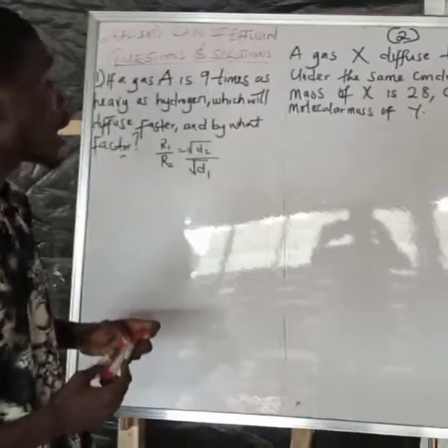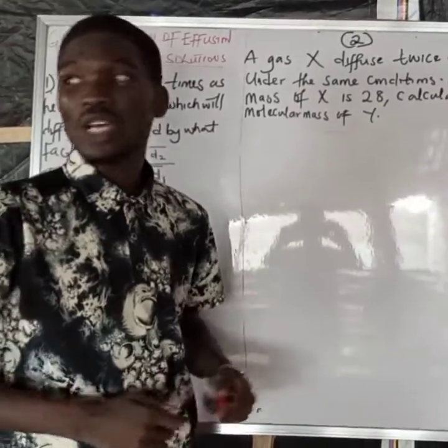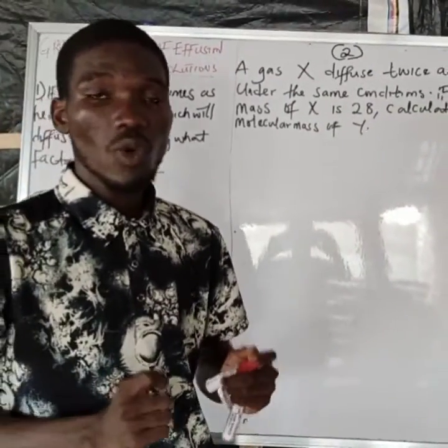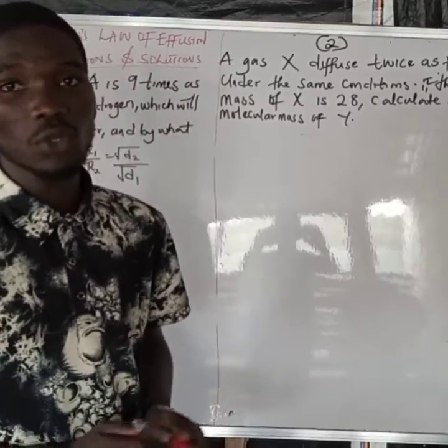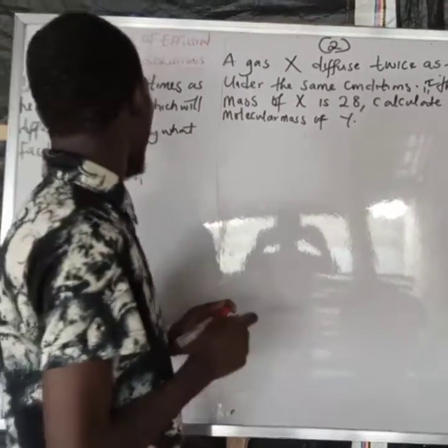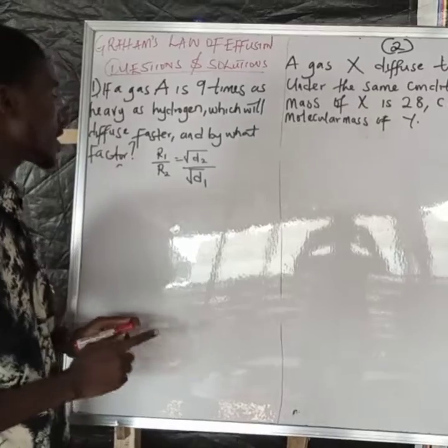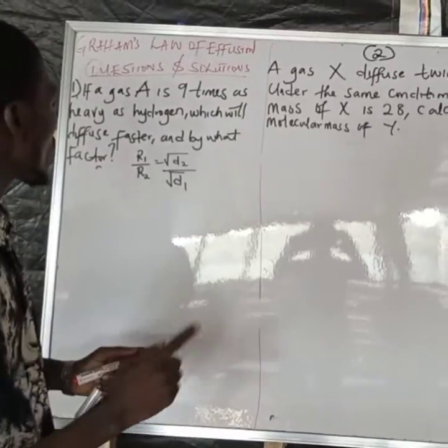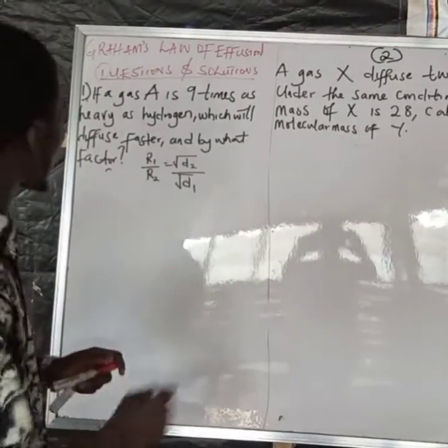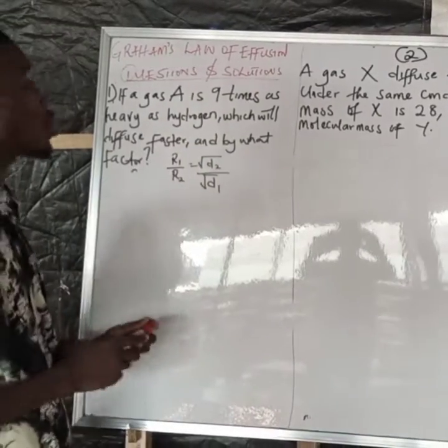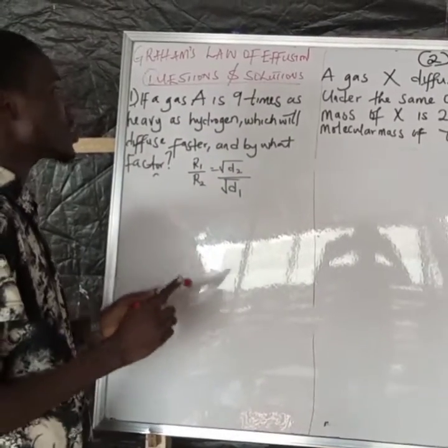What is the meaning of R1? R1 means rate of diffusion of first gas, while R2 means rate of diffusion of second gas. And D1 means vapor density of first gas, while D2 means vapor density of second gas. What is our R1 in this question? Our R1 is the hydrogen.